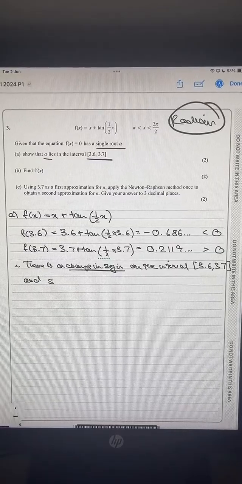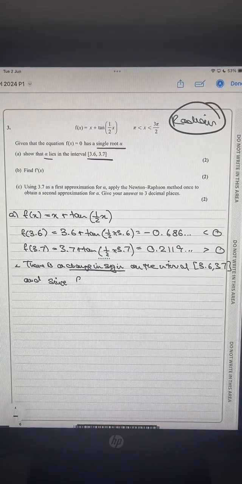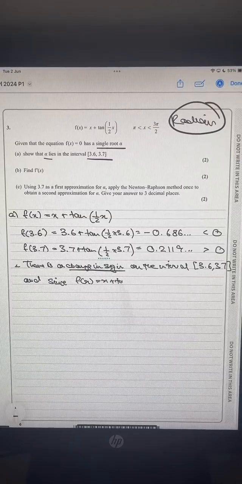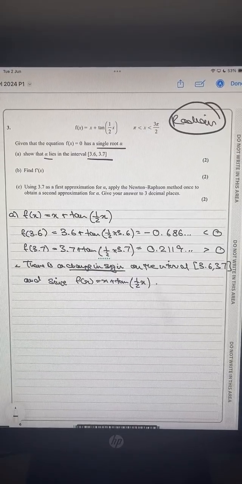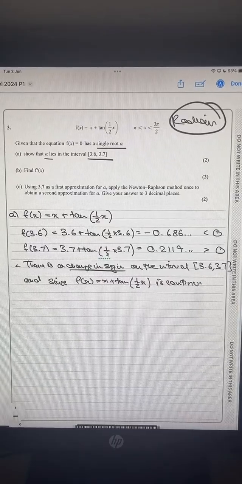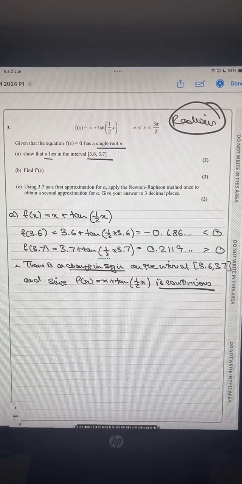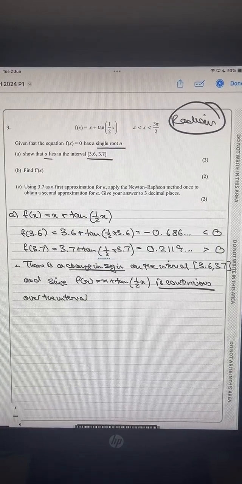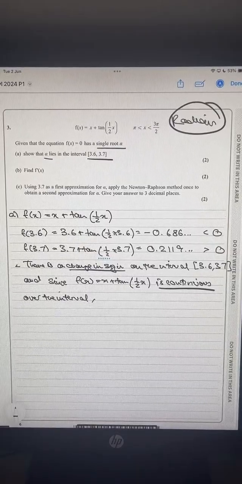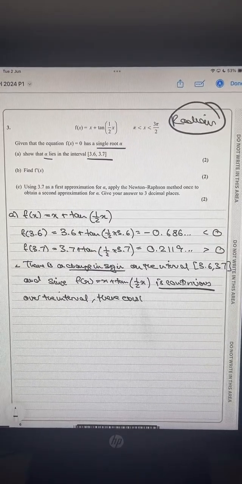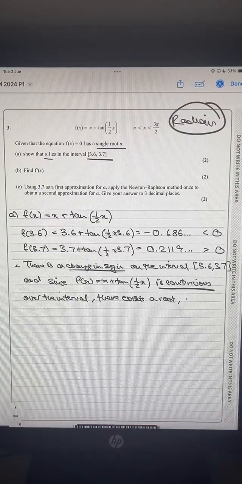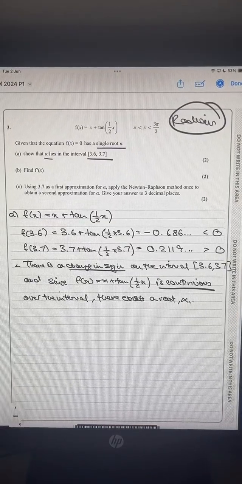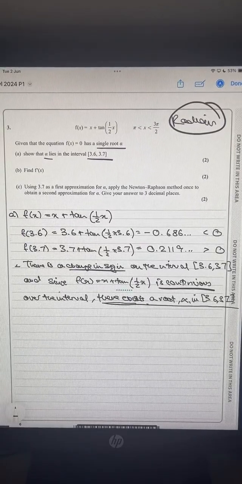And since, and this is the second part of the explanation, f of x equals x plus tan half of x is a continuous function over the interval, then you say the last part: there exists a root, which they've called alpha, in the interval 3.6, 3.7. The parts I've underlined are the main parts of the mark scheme.